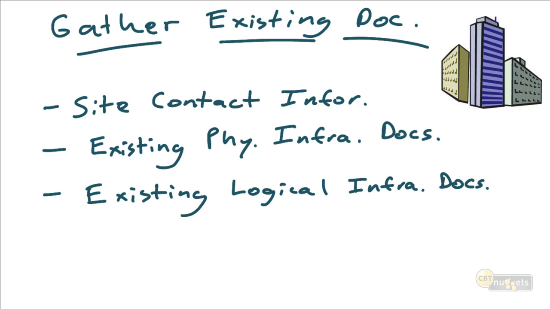Now, when you're gathering this existing documentation, one of the things that you want to do is really put together all the relevant information for particular network sites that are in the organization. Be real sure that you get contact information for who to call, get hours of operation, get the relevant security procedures and policies.